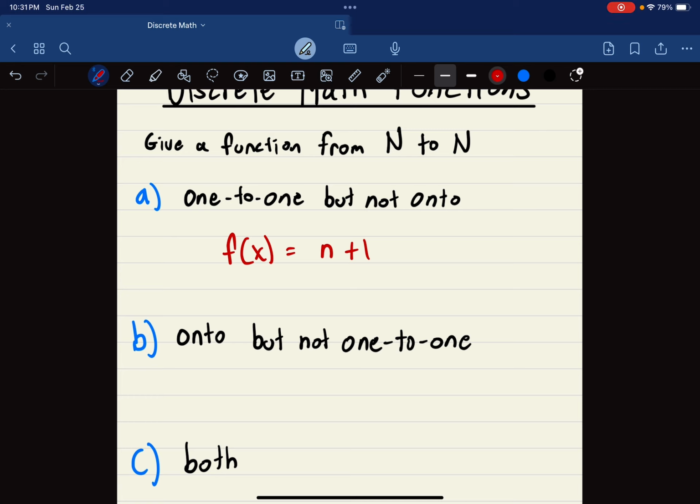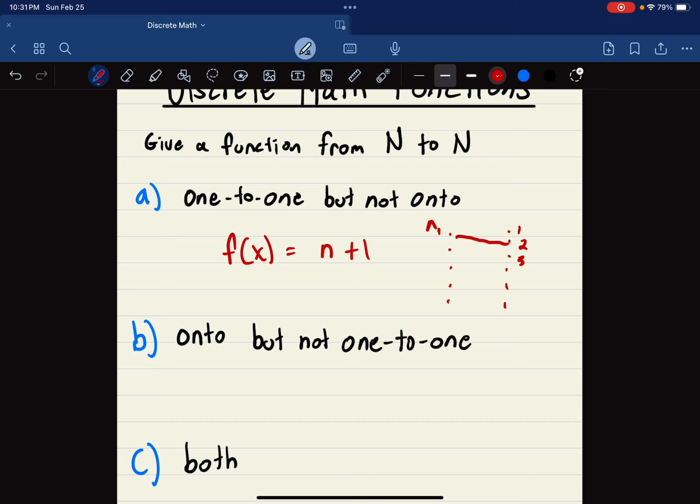The reason being, when you look at it, if you're mapping n to the destination, say this is 1, 2, 3, you're going to map 1 to 2, because it's n plus 1.